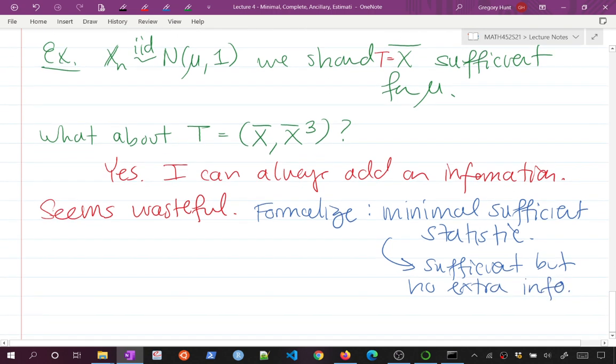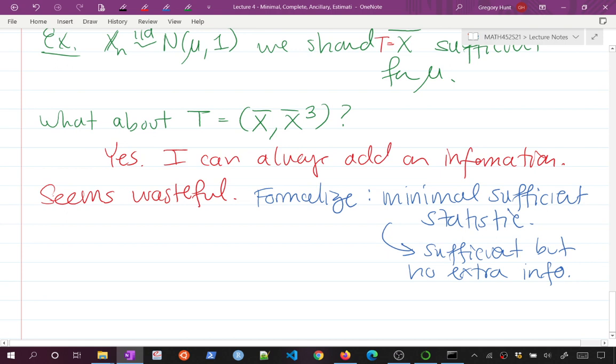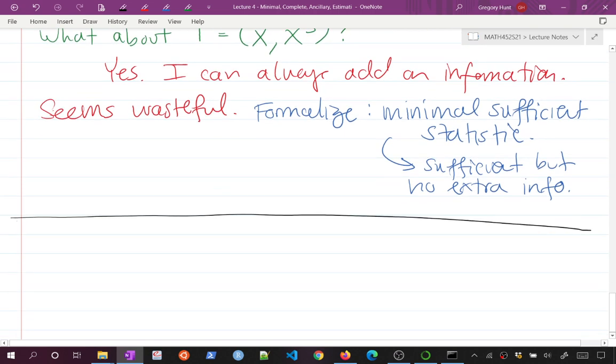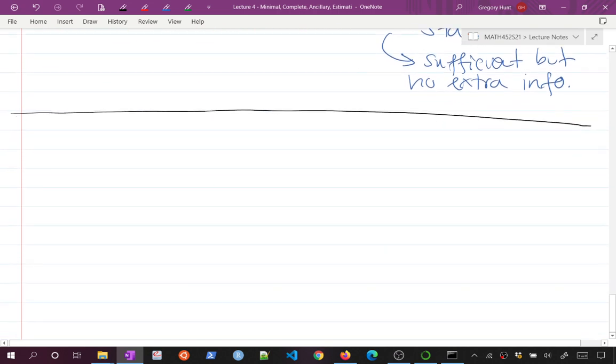A minimal sufficient statistic, if you remove any part of the statistic, it won't be sufficient anymore. And there's no fat to trim, as it were. So that's one concept called a minimal sufficient statistic. And that one's somewhat intuitive, that we'd want to find minimal sufficient statistics. We want to be as kind of parsimonious as possible.